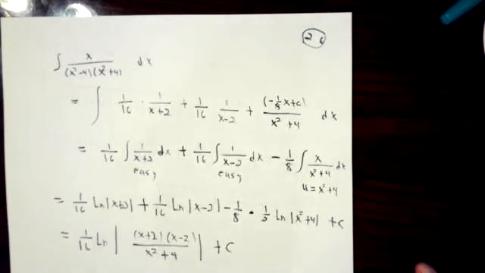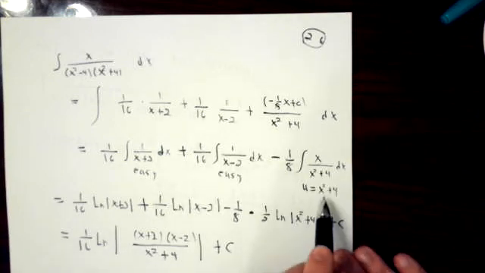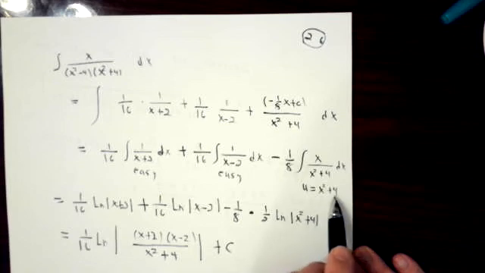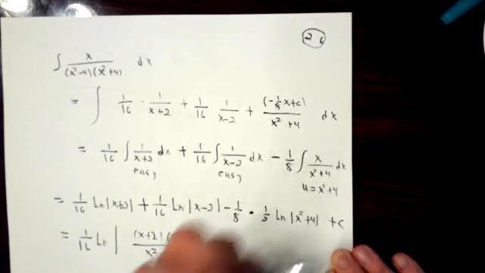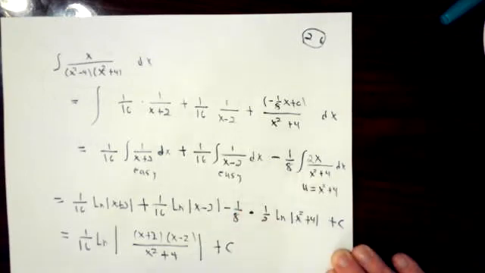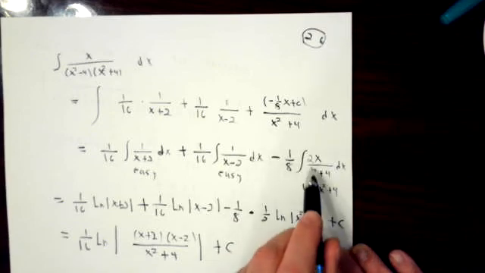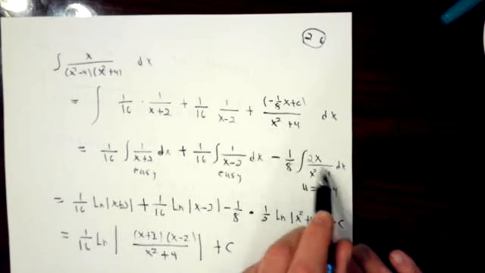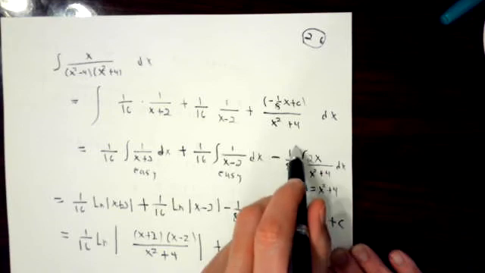And I believe I see an error here. If you let u equal x squared plus 4, then du is going to be 2x dx. The derivative of x squared plus 4 is 2x dx.